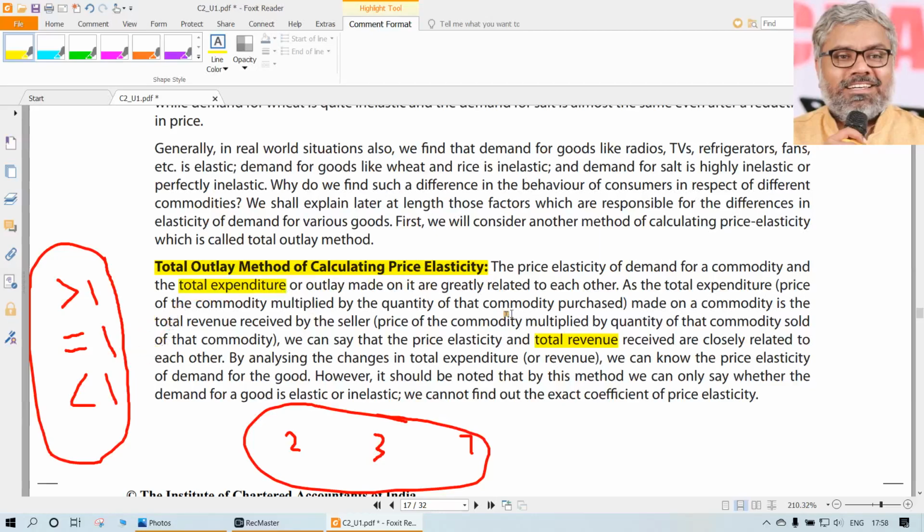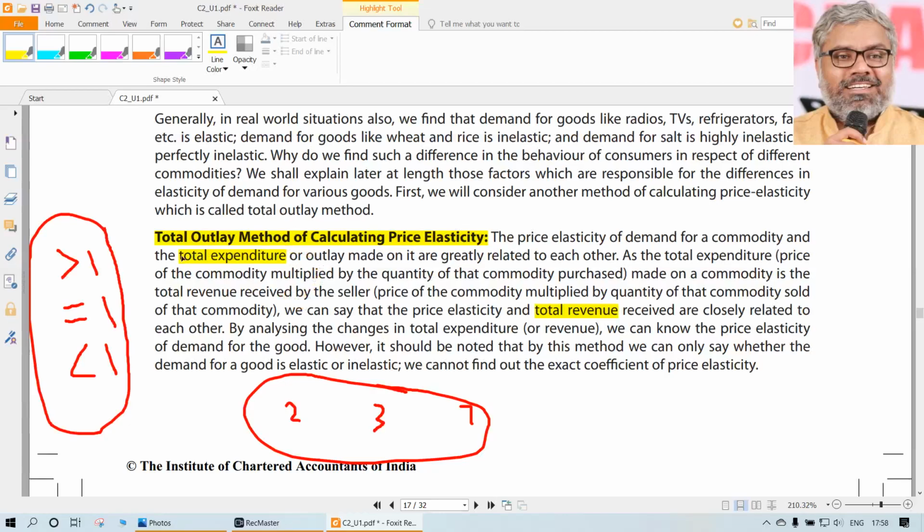This 1 lakh rupees is going to be the revenue of that seller, or not? Definitely yes. So sometimes it is called the total outlay method, sometimes the total expenditure method, and sometimes even the total revenue method.